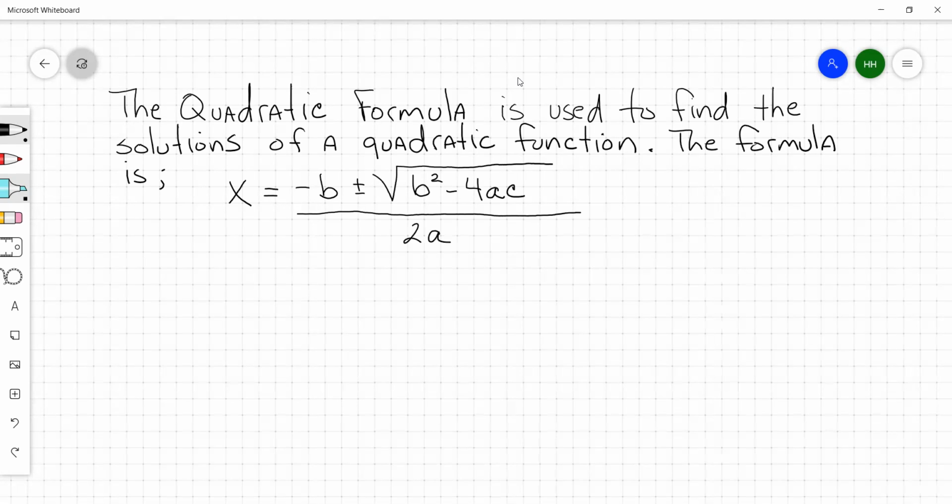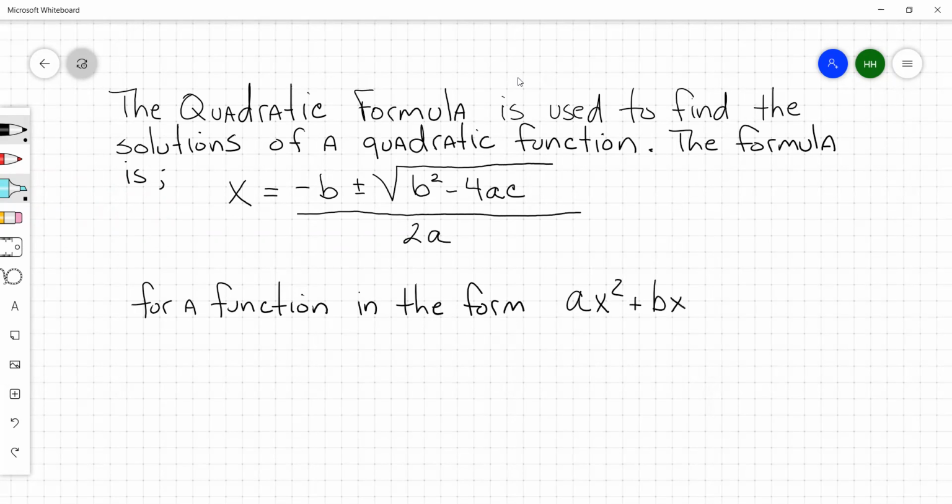And we're going to say here for a function in the form ax squared plus bx plus c equal to 0.